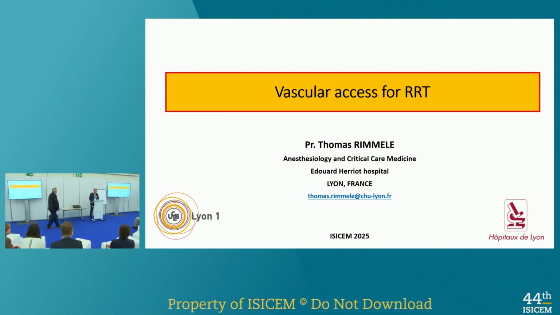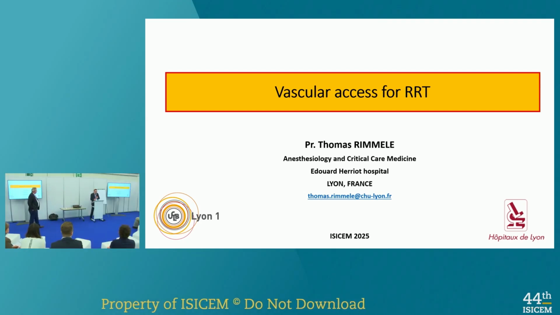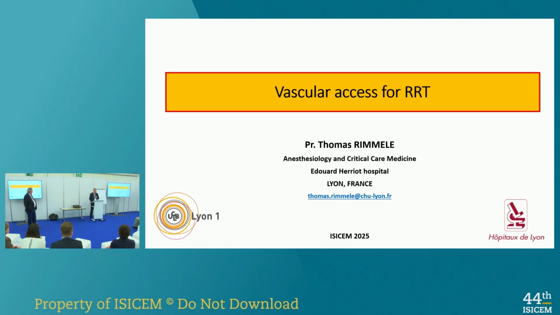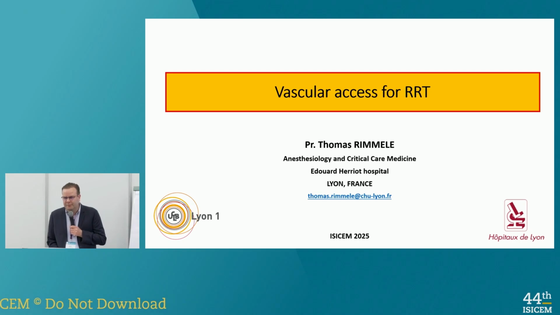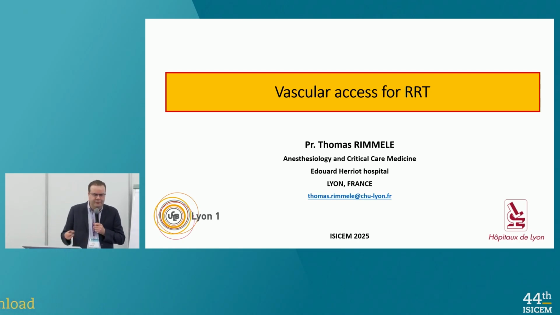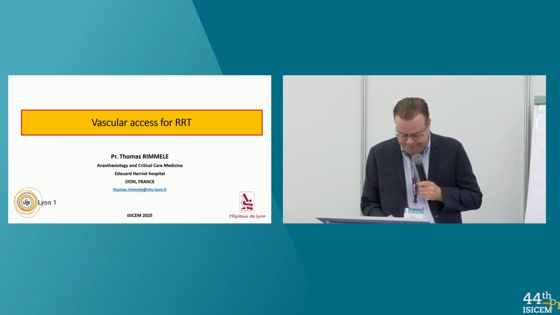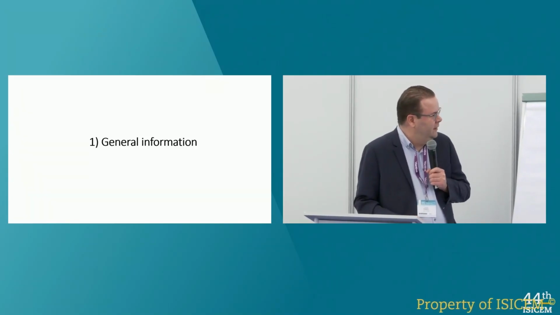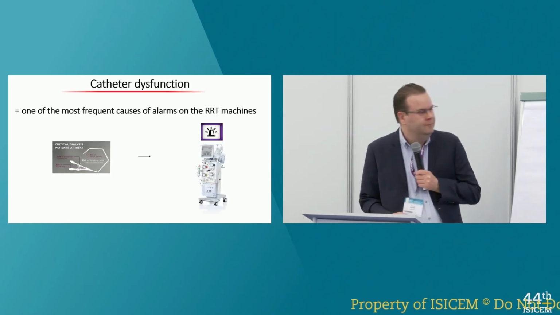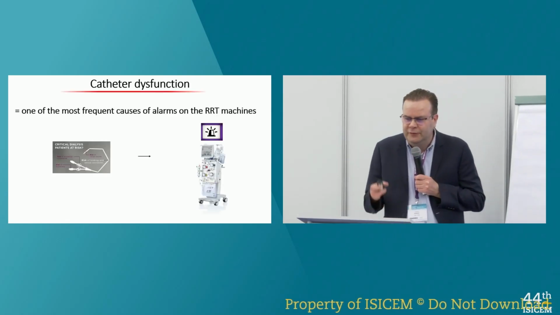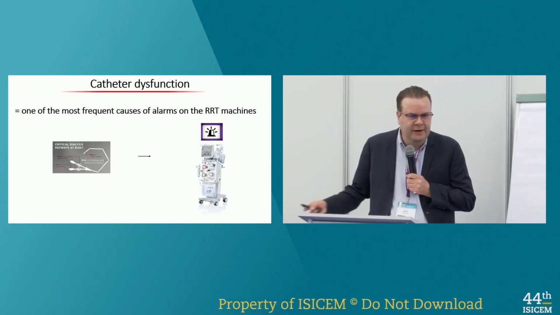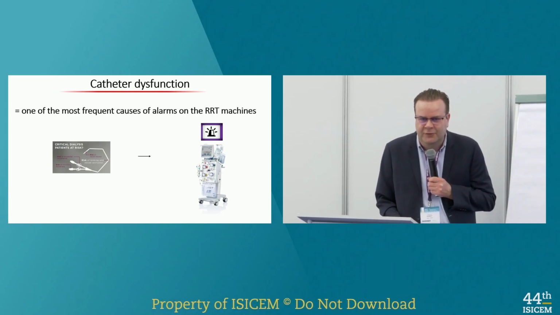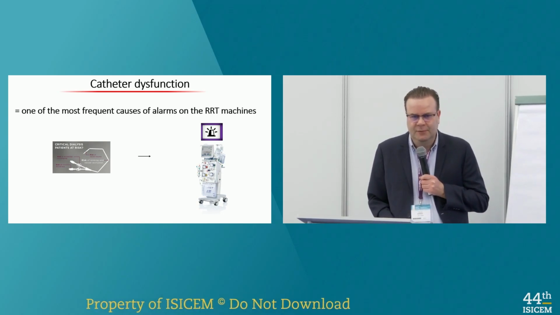Okay, good morning, everyone. During these 15-20 minutes, I'm going to review with you all the different characteristics of renal replacement therapy catheters. And after, Patrick and I will respond to all your questions. First of all, some general information. You must know that the dialysis catheter is the primary cause of alarms on a dialysis machine.